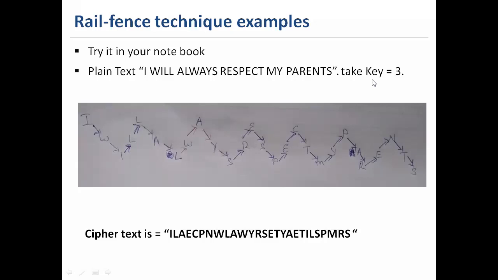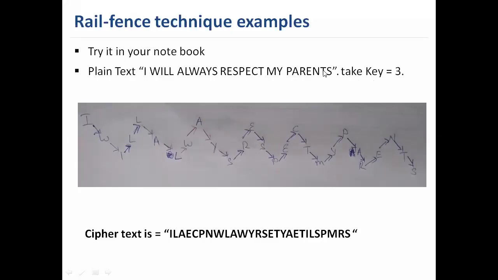That makes it more hectic, and again we'll have to collect it, and for the decryption also we'll have to make it in the same diagonal. So this is how we use a rail fence.